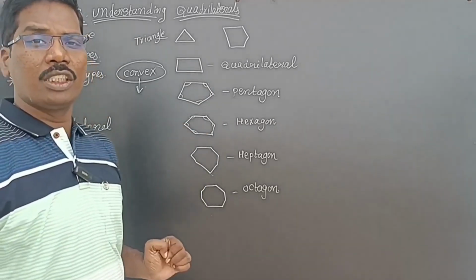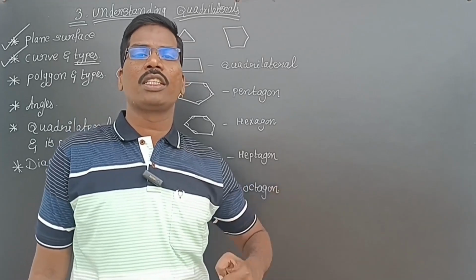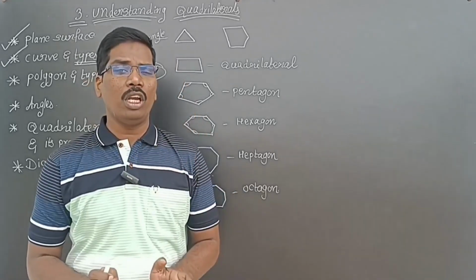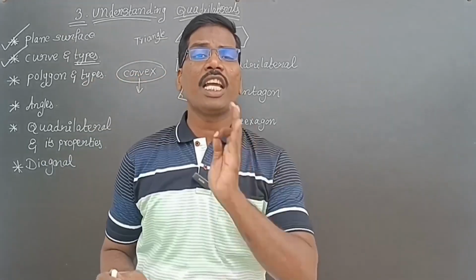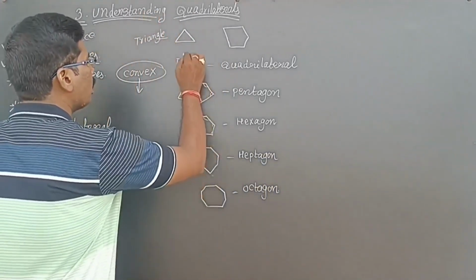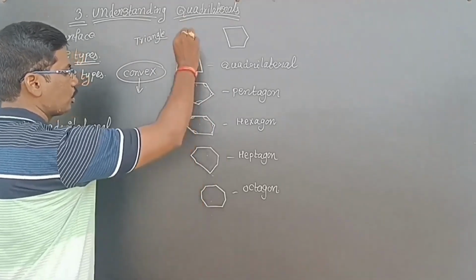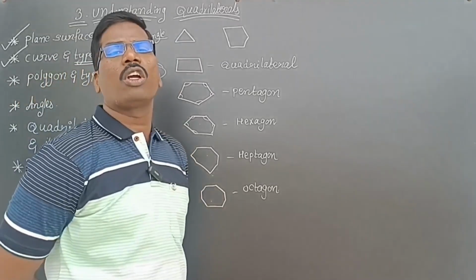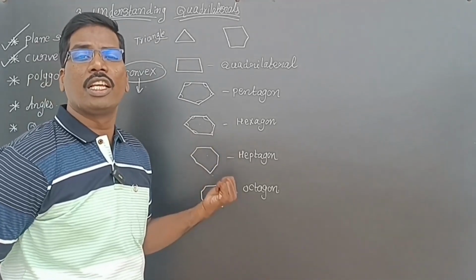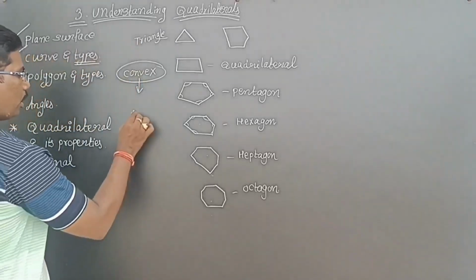A polygon in which each interior angle is less than 180 degrees is called a convex polygon. Now see here, this is a convex polygon, this is also a convex polygon. Whatever we have discussed till now are all convex polygons. If you measure, each angle will be less than 180 degrees. Now we draw another convex polygon.